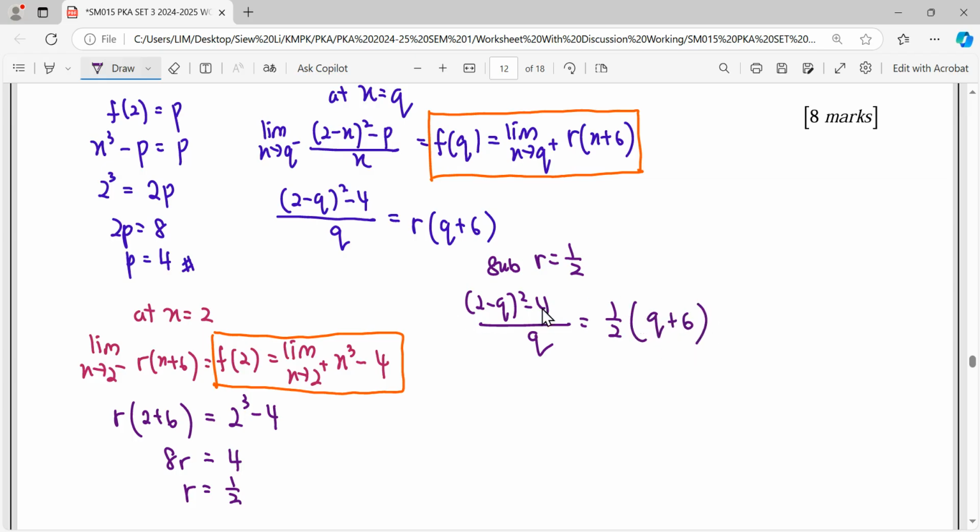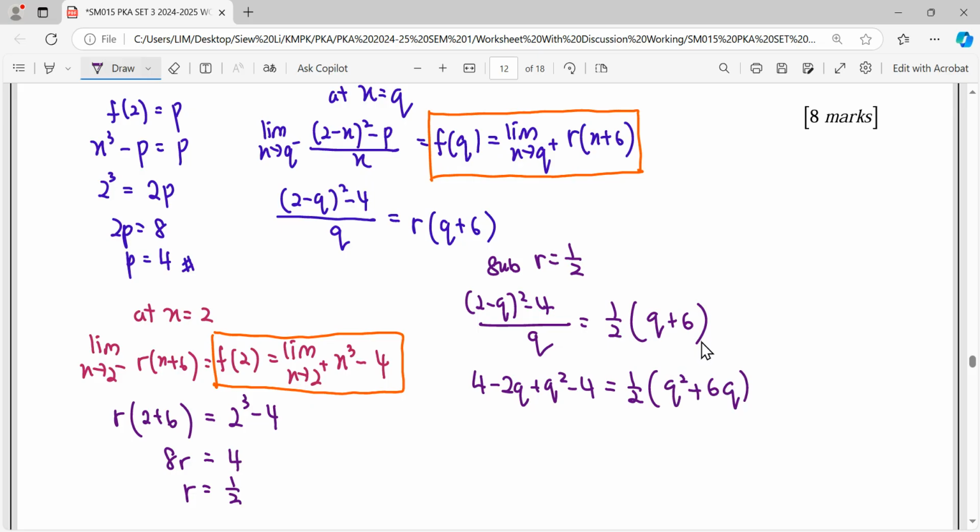Alright, so we expand. We can see we have a square, we expand, we multiply to remove the denominator. Expand first. Then times Q. Q square plus 6Q.